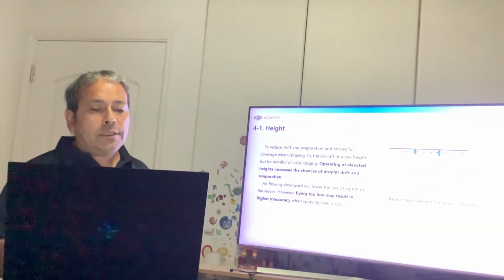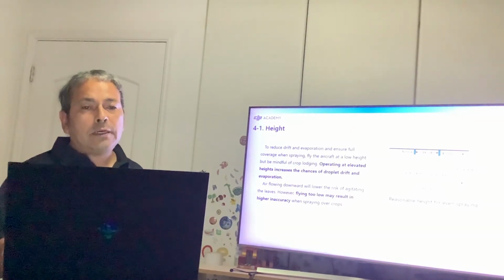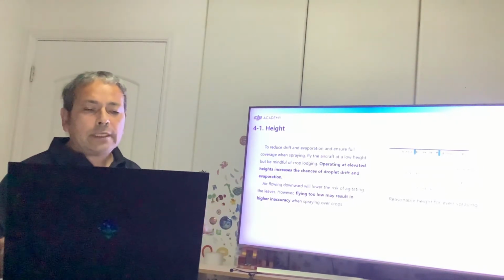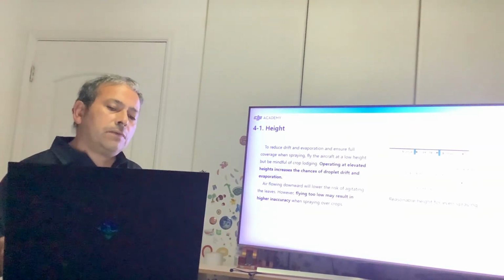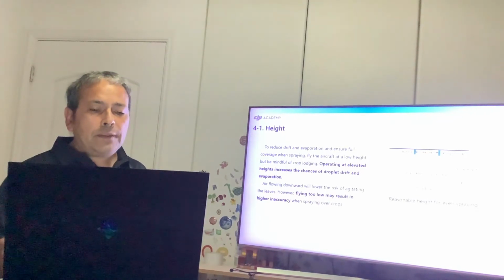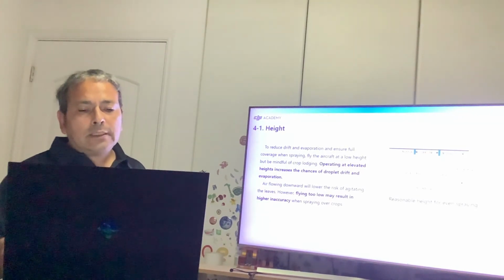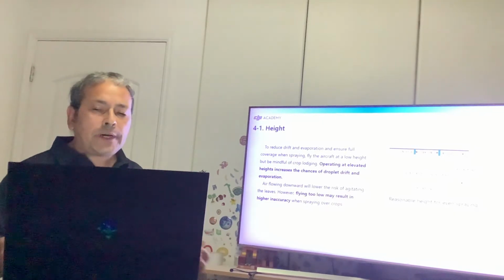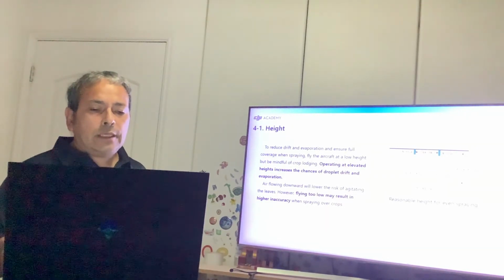If we lower the height of the aircraft, so the distance from the aircraft to the crop is lower, like this, it may miss the overlapping area. And if we fly the aircraft at a higher place, the overlapping will be large and it may spray the area.